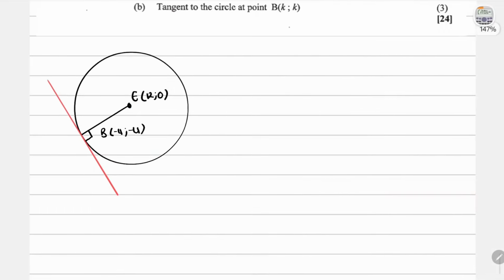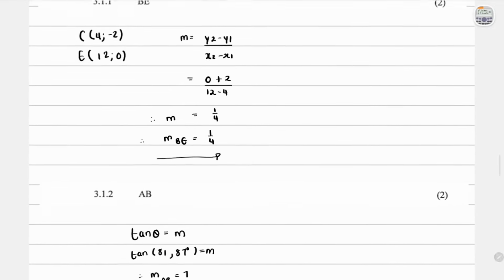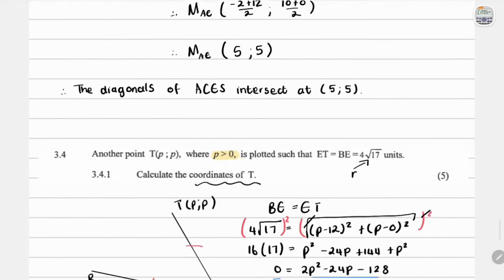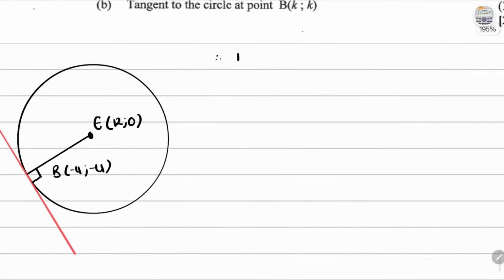Okay, so the gradient of BE, we already had from the first question. The gradient of BE is 1 over 4, so we don't have to find this again. So we can simply say that the gradient of BE, our radius, is 1 over 4.